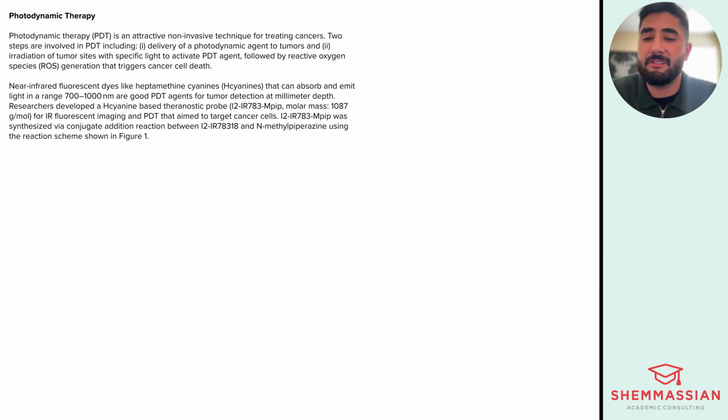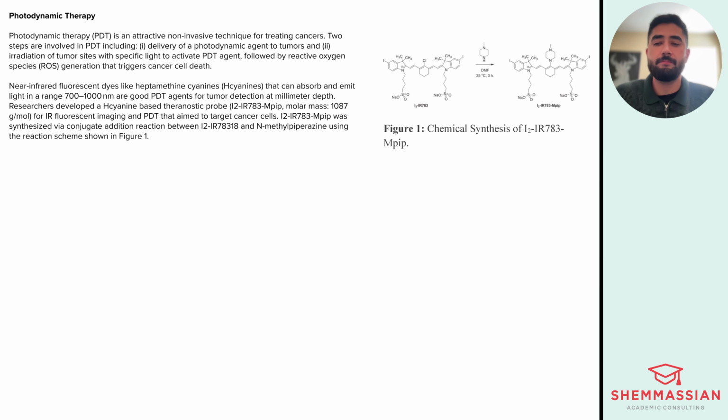Researchers developed cyanine-based theranostic probes, MPIP, as I'll call it for short, that has a molar mass of 1,087 grams per mole, for IR fluorescent imaging and PDT aimed to target cancer cells. This MPIP was synthesized via a conjugate addition reaction between the original molecule and N-methylpiperazine using a reaction scheme shown in figure 1. So this paragraph is a bit of a tongue twister.